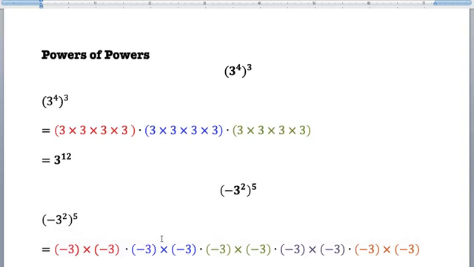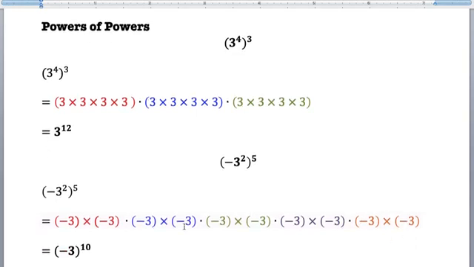So there's 1, 2, 3, 4, 5, 6, 7, 8, 9, 10. The answer is -3 to the 10th power, or counting by 2s: 2, 4, 6, 8, 10. So multiples of 2. Therefore, the shortcut is that we are multiplying.